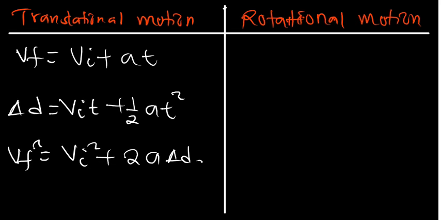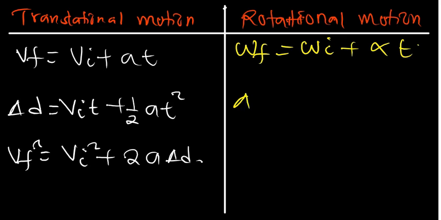Now, when we're talking about rotational motion or circular motion, instead of linear velocity we are going to be talking about the angular velocity. Angular velocity is represented by the symbol omega. So omega final is equal to omega initial plus the angular acceleration times t. T doesn't change. The next one is theta, the equivalent of the linear displacement.